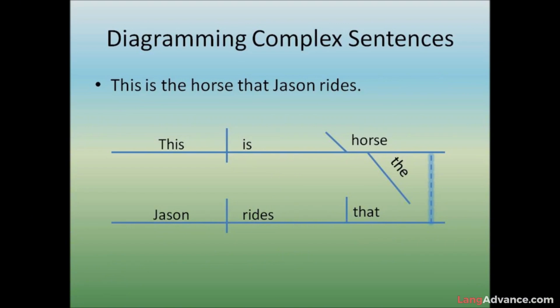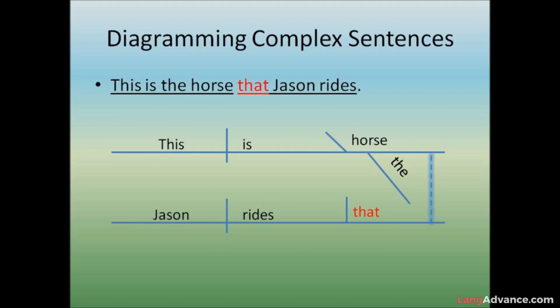For our next example, let's look at an adjective clause that uses the word that. The example is, this is the horse that Jason rides. On our top clause line, we have this, the pronoun, as a subject, is as the linking verb, horse as the predicate nominative, modified by the word the.